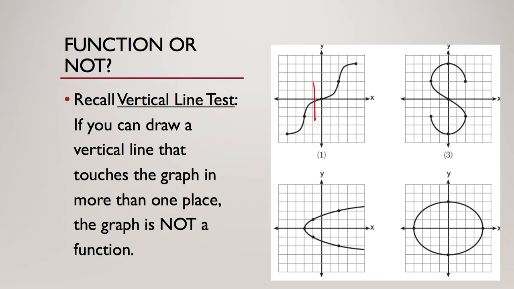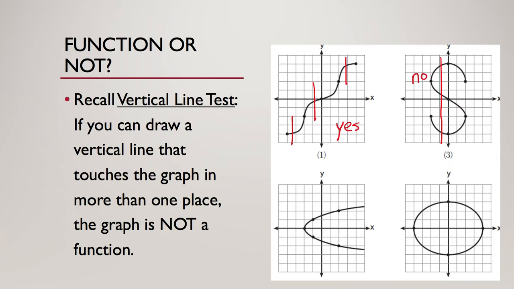So for example, in our first problem, if I draw a vertical line, notice that it only crosses the graph in one place. If I draw a vertical line here, it only crosses in one place. So I would conclude that this is a function. Whereas if I look at this example and draw a vertical line, notice that my line crosses the graph in more than one place.